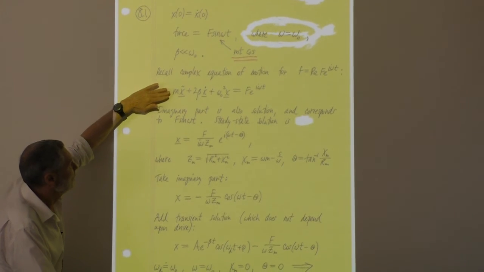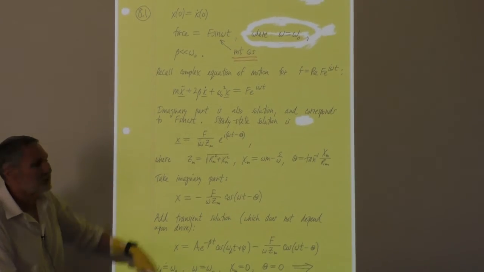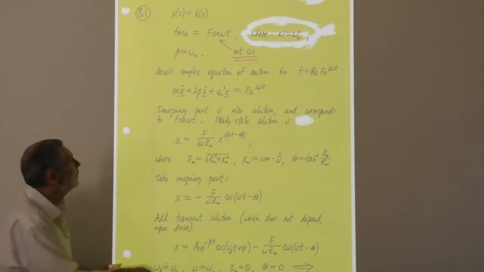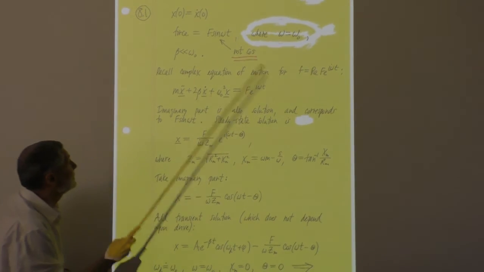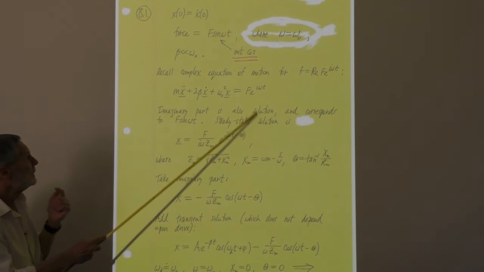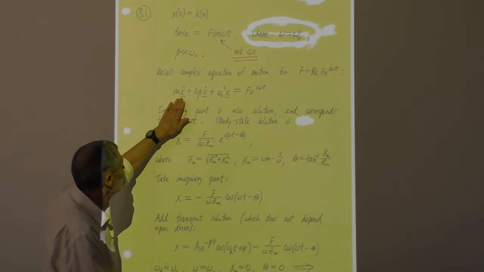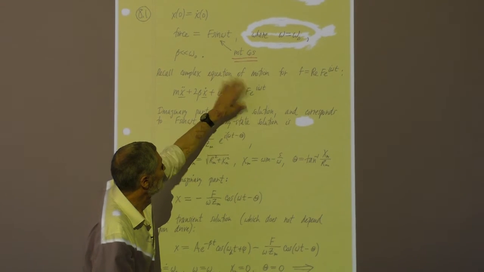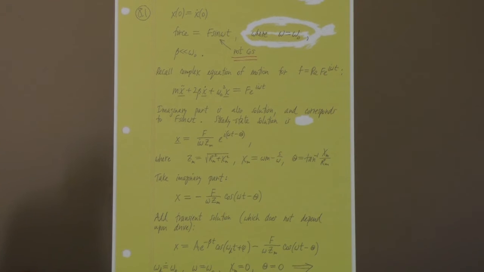But once we have the solution to this, we could just as easily take the imaginary part. The imaginary part is going to solve what we're after, because it's a sine drive. So I take the imaginary part of x, and I will have the solution to the sine omega t drive rather than the cosine omega t drive.